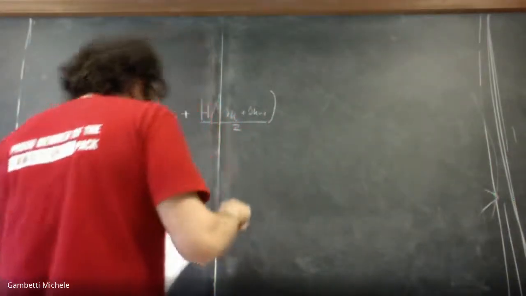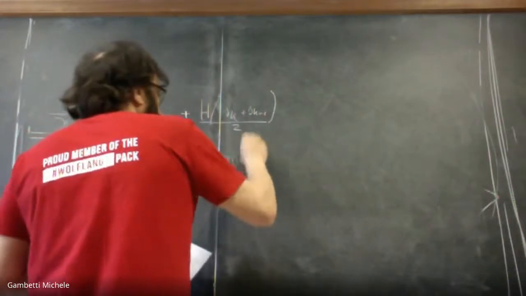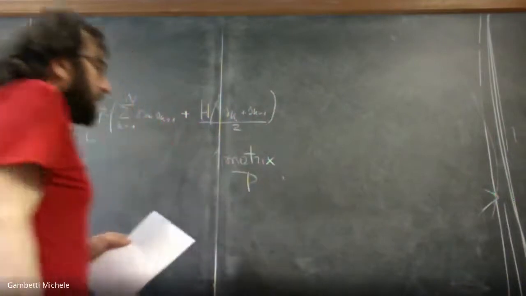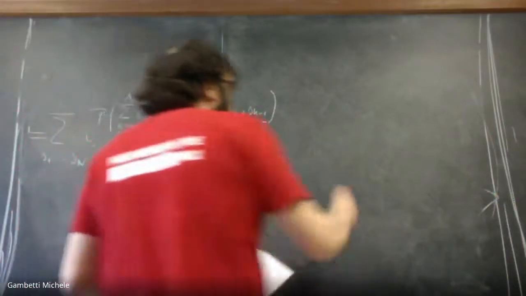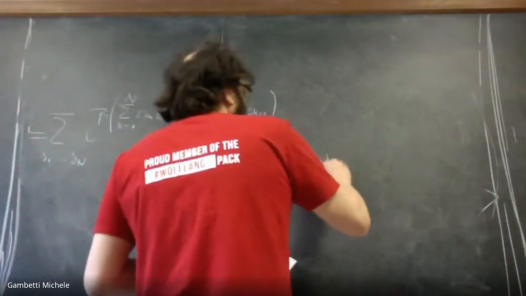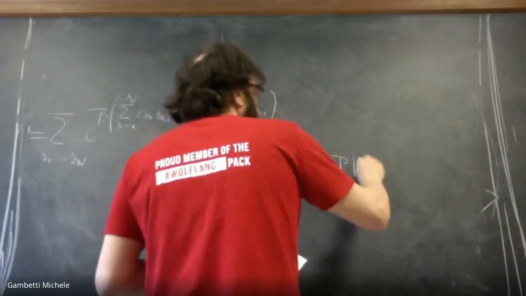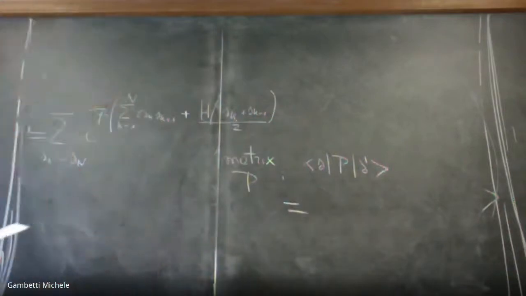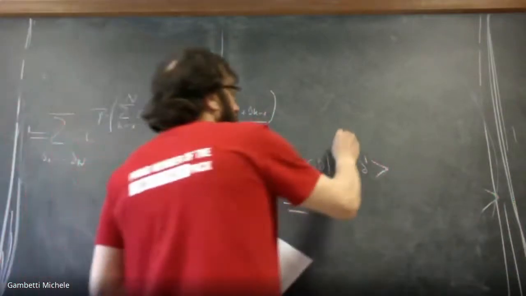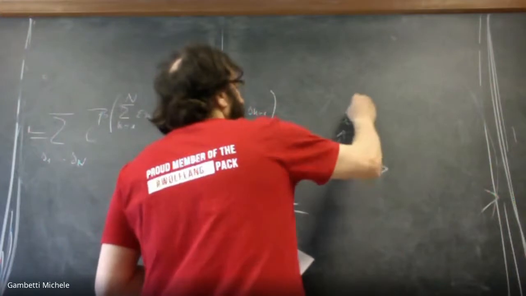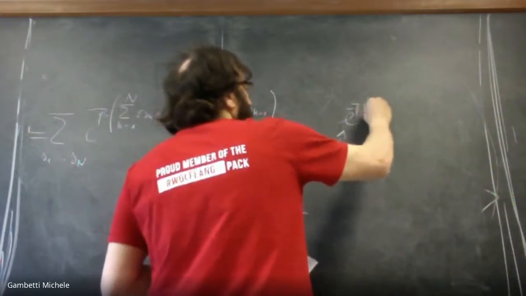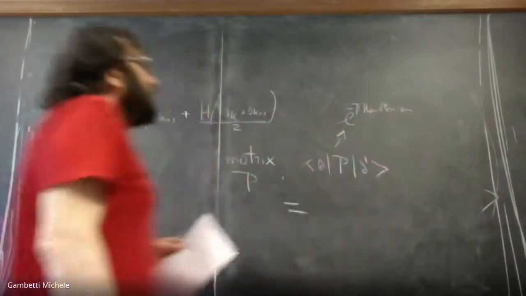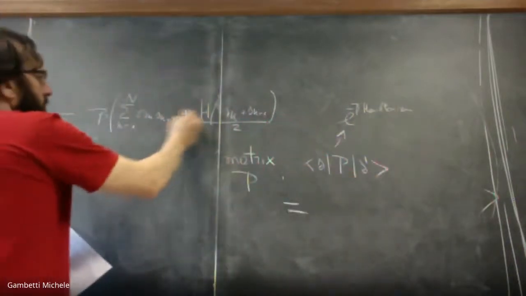But let me introduce a matrix which we call P, the standard notation, which is S P S prime, which is basically e to the minus beta times the Hamiltonian. Well, not really the original Hamiltonian, but this one.